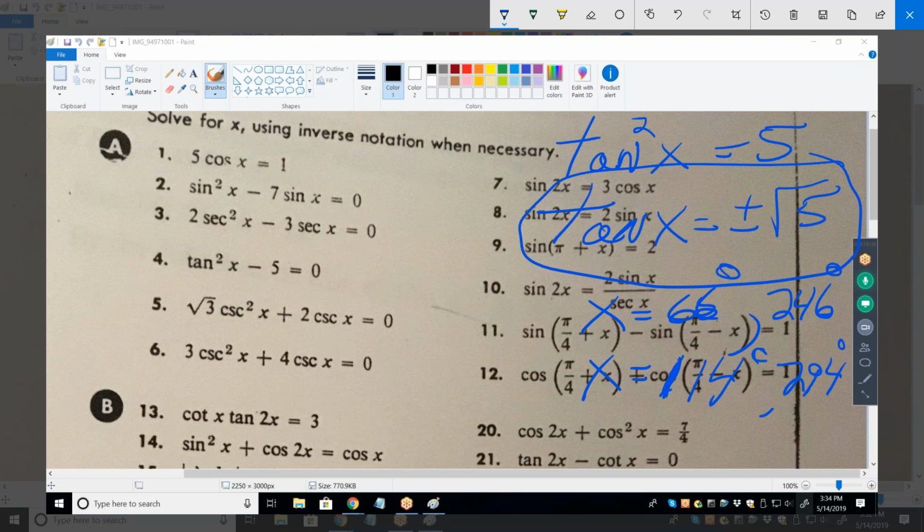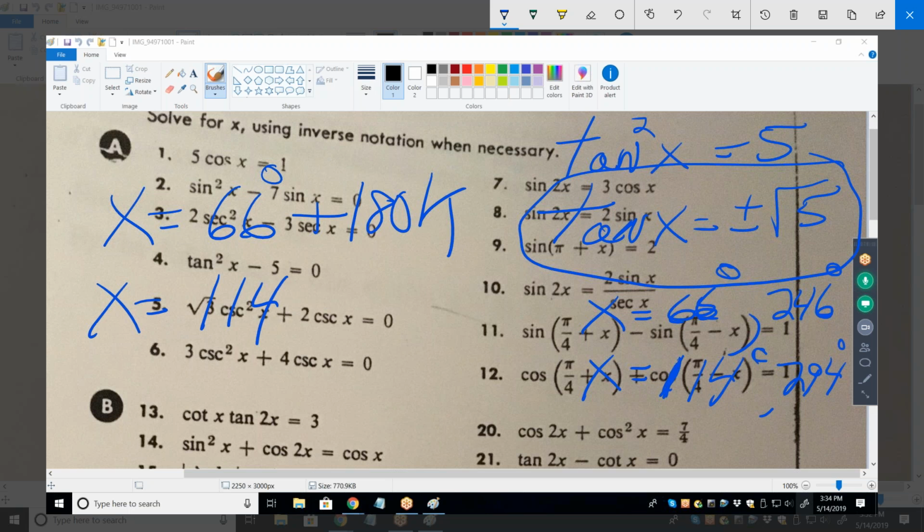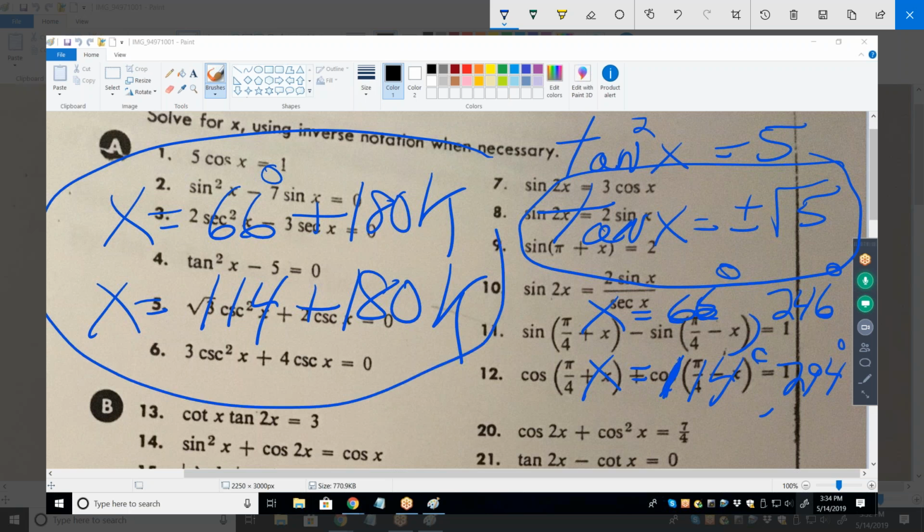Now, can I do better than writing it like this? I don't think I can. In other words, I think I need both rows. How else could you write that? Is there any way to write that with one line only? I don't think so, because these aren't separated by 180.